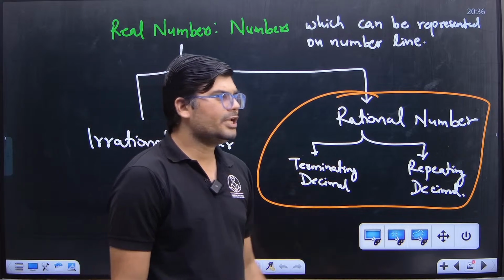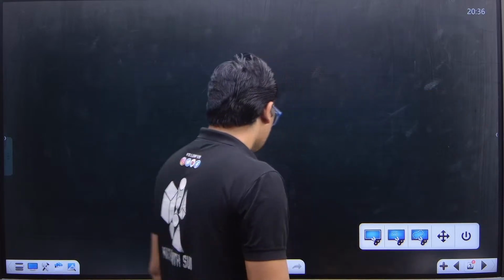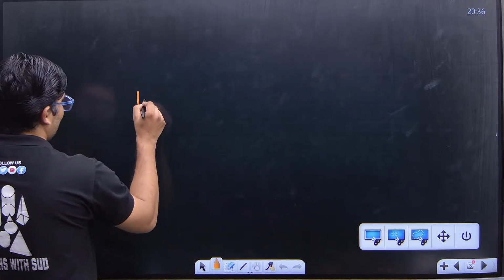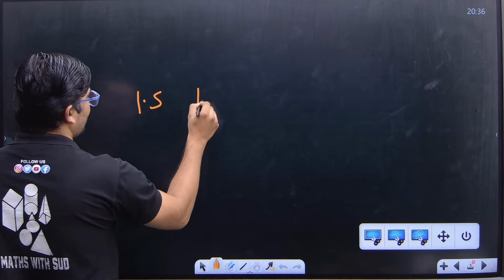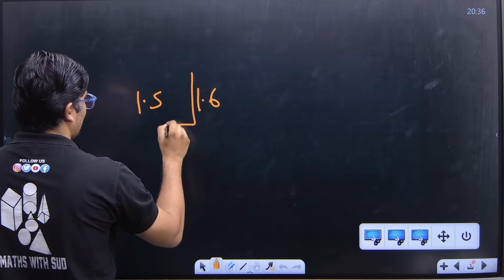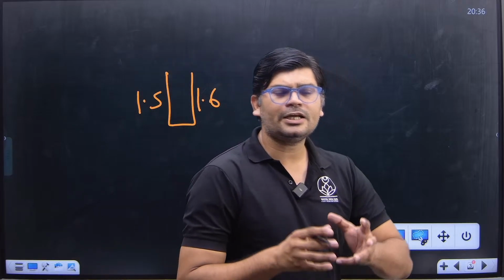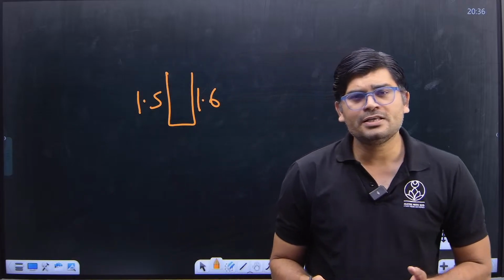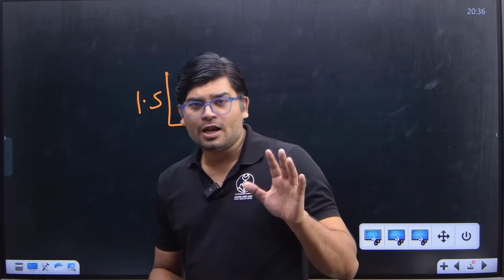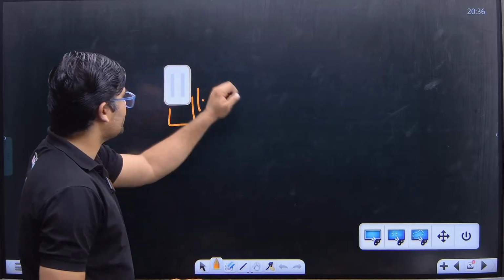Now then the next question will be, okay sir, suppose I have 1 by 5 on the number line and 1 by 6 on the number line. Will I ever get a number which is non-terminating, non-repeating? Let us take a few examples.